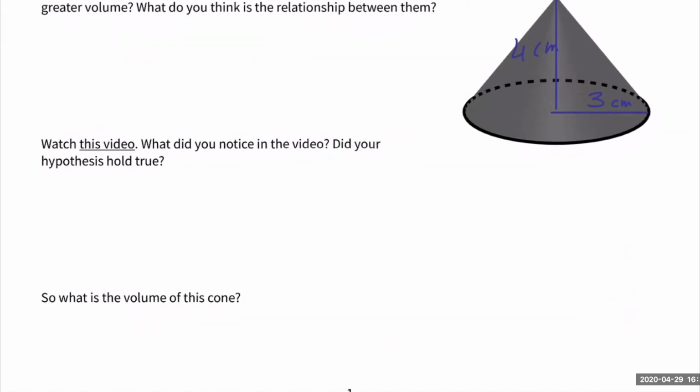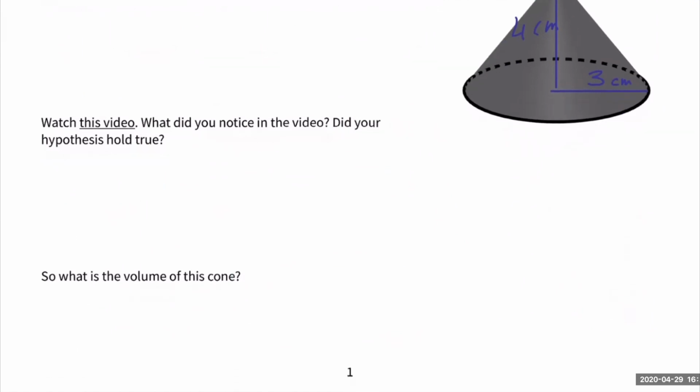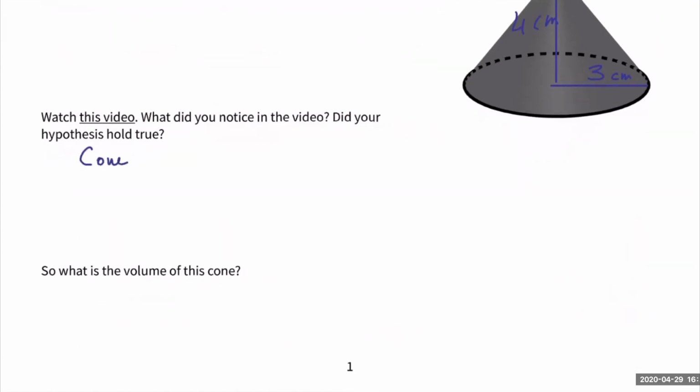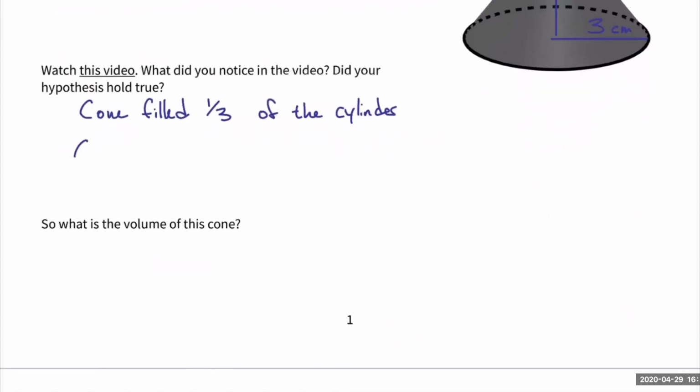All right, the big takeaway that we should be getting out of that video is that the cone filled 1/3 of the cylinder, right? And in addition, and this part's important, the cone and the cylinder had the same radius and height.